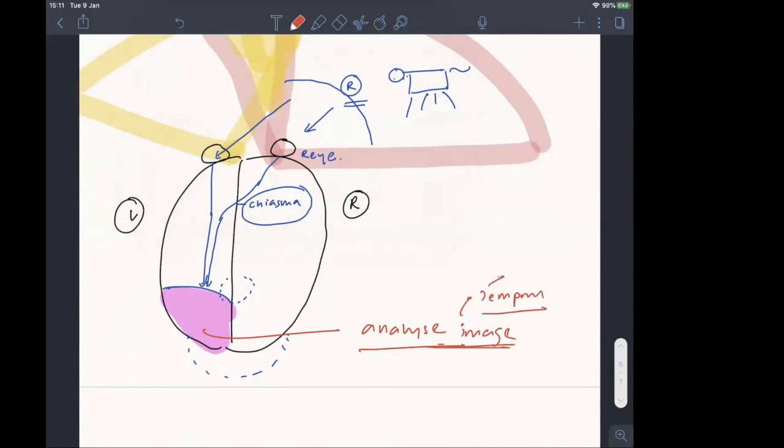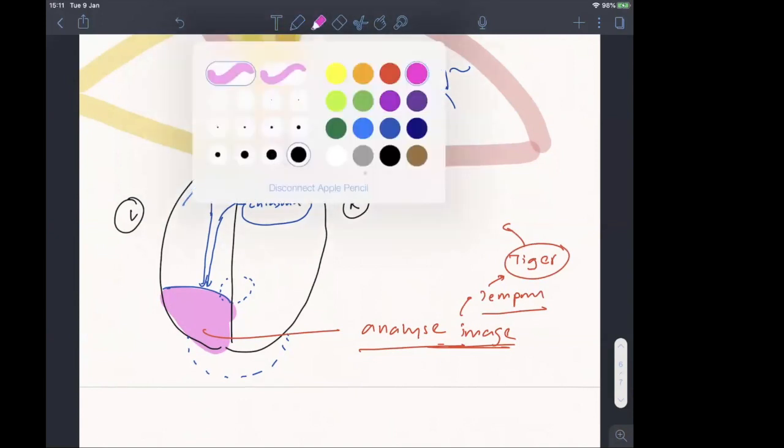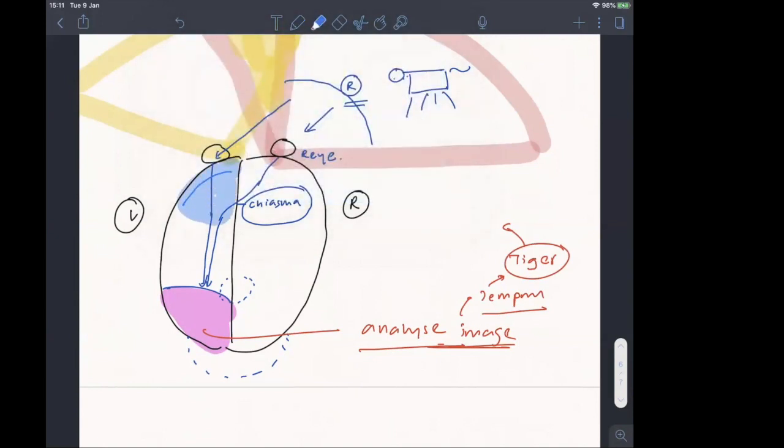The temporal lobe will compare these images and finally come up with the name tiger. And this will go all the way to your frontal lobe. Okay. So after this image has reached the occipital lobe, it will go to the temporal lobe, and then finally it will go to the frontal lobe.